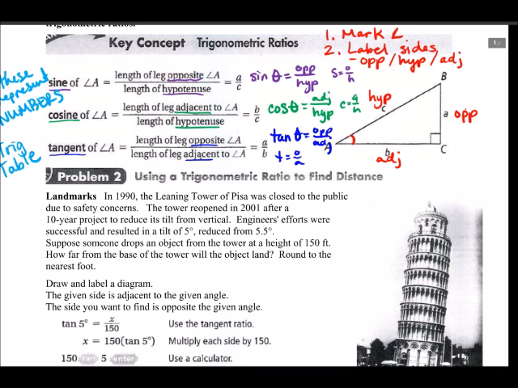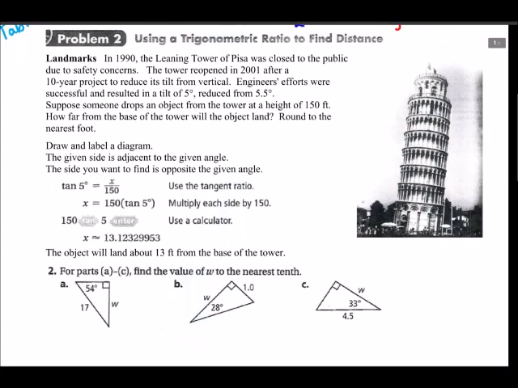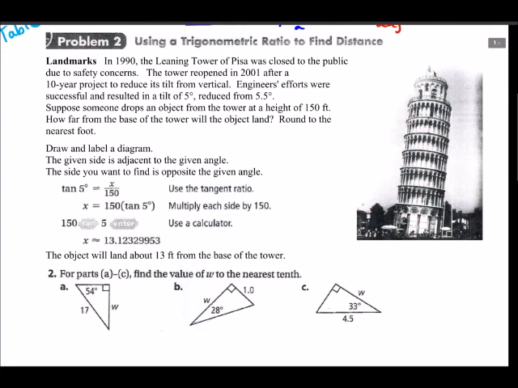Let's look at how this works. Let's start using these some, and you'll go, oh, those are really cool. The Leaning Tower of Pisa tilts, and about 15 years ago, it tilted way too much and became unsafe. They had to close it.